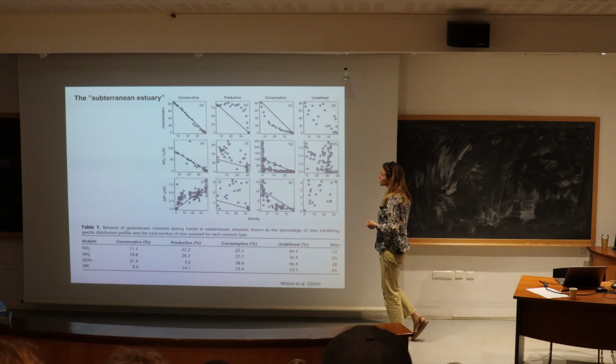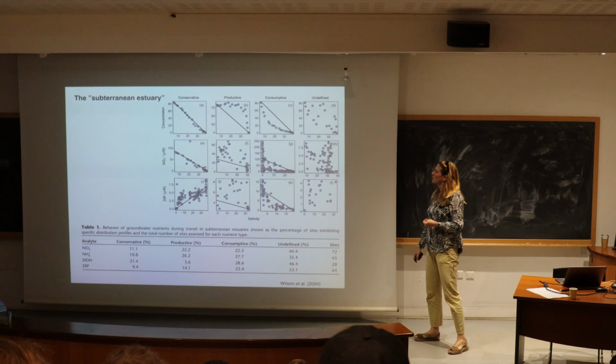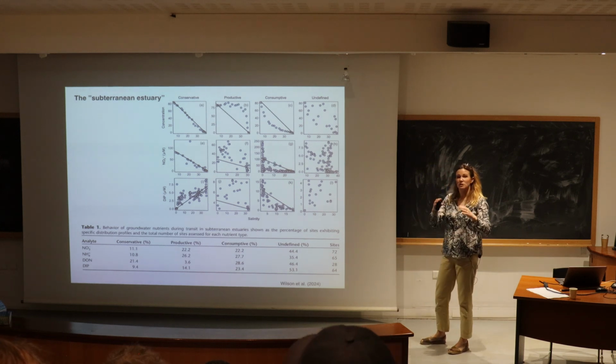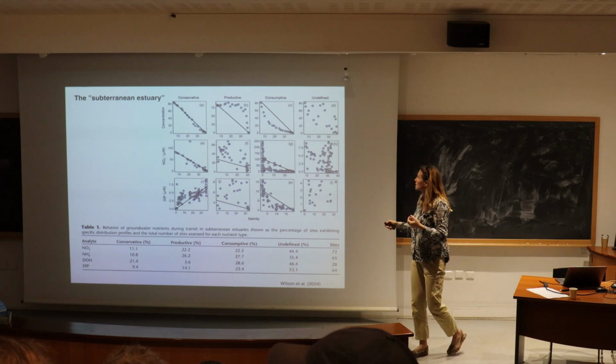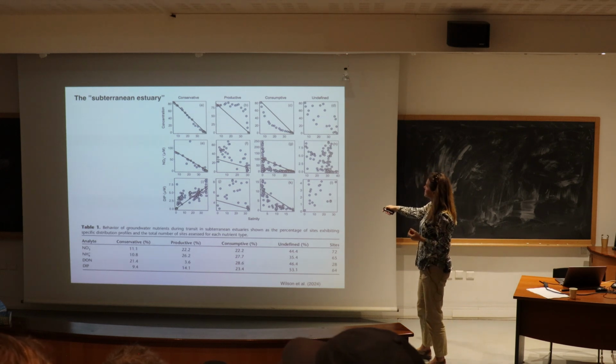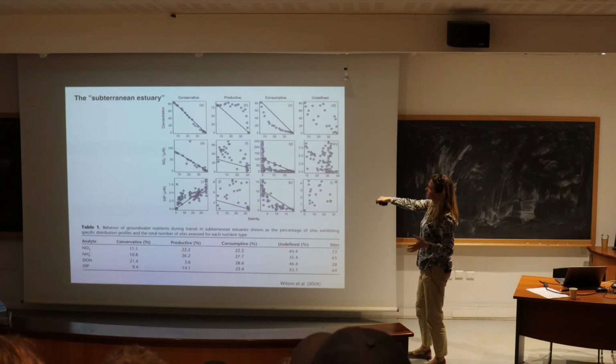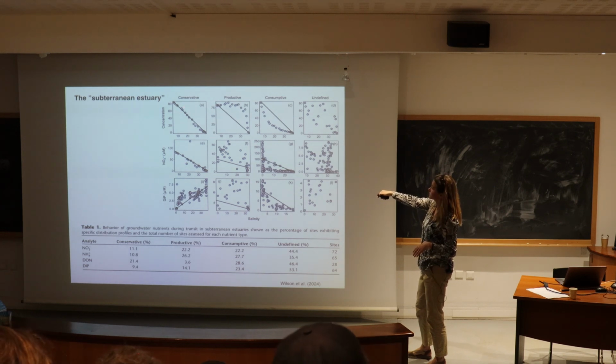I was part of a larger meta-analysis where we looked at chemical transformations along mixing zones between freshwater and saltwater. And the idea here is that if you plot something like a nutrient versus salinity, and there's no reactions along flow paths as you go from freshwater to saltwater through the mixing zone, you should see a line that looks like this.